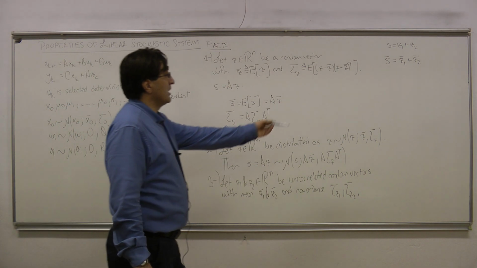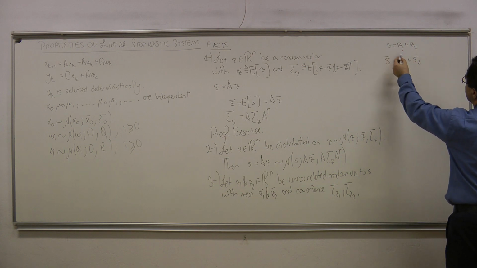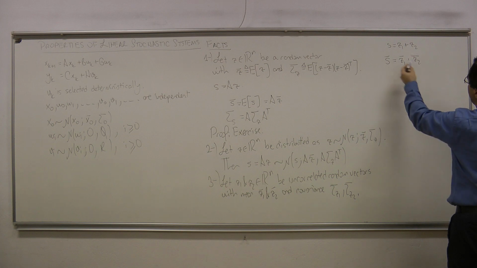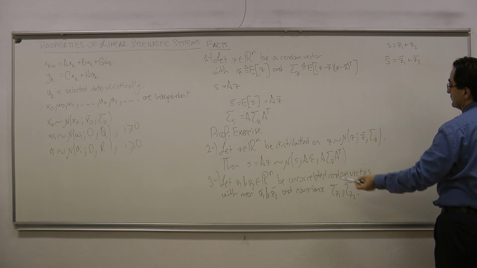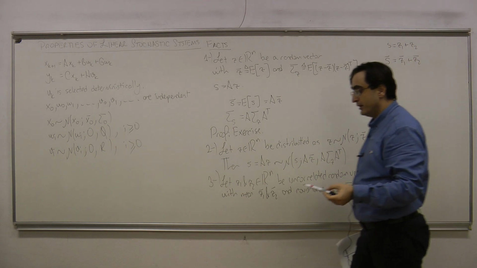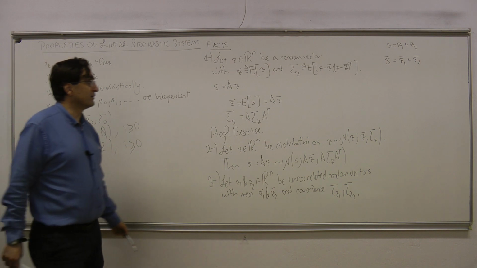So this type of equality would always hold for any Z1 and Z2, even if they are correlated. But here I want to give another equality, which is only possible when you have uncorrelatedness.